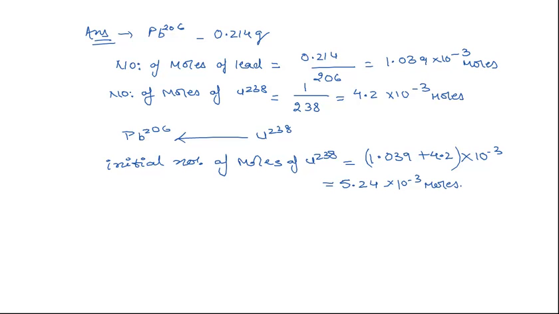Okay. Now we have got the initial concentration of U-238 and the final concentration of U-238. Now what is required? You want to find out the age, that is time, is equal to 2.303 by lambda log of initial concentration of U-238 upon the final one.